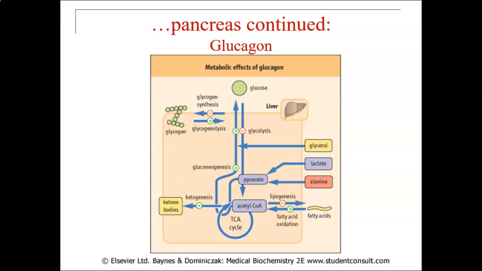Now, acetyl-CoA is kind of a precursor, if you will. Without acetyl-CoA, the TCA cycle cannot continue. One of the things that glucagon will do is kick acetyl-CoA out of the mitochondria of the cell, eventually turning that acetyl-CoA into a fatty acid.